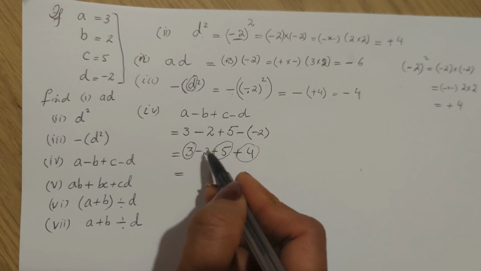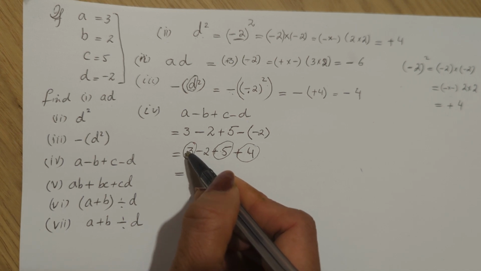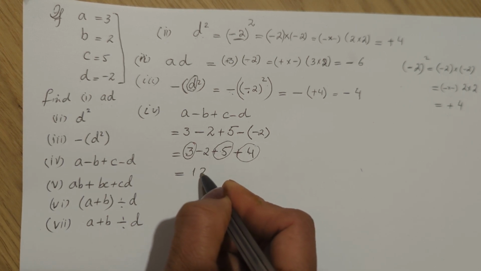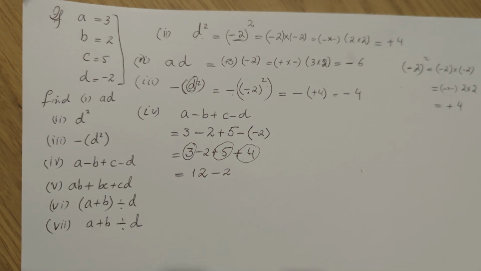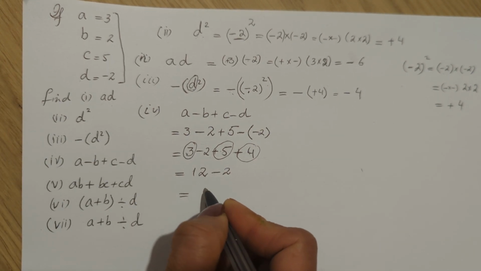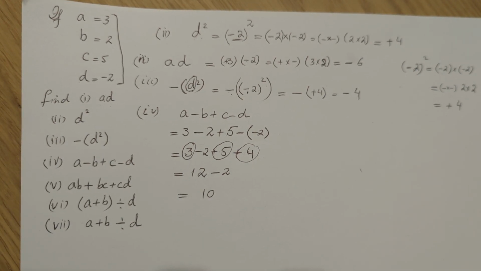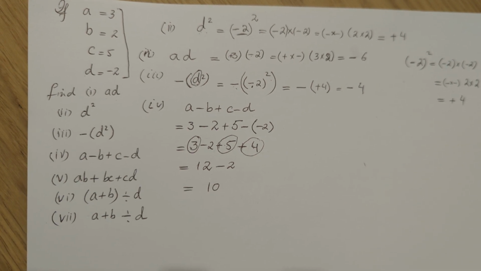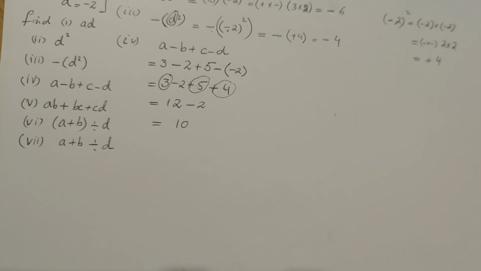So plus values will add each other. 5 plus 3 is 8, 8 plus 4 is 12, and the minus value is minus 2 here. In the next step I will subtract them. So this is the answer. You just have to apply the mathematical rules of addition, subtraction, or multiplication, nothing else, right? So this is very simple.